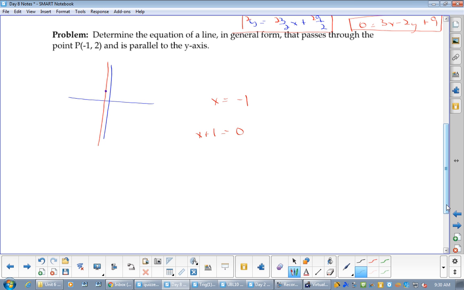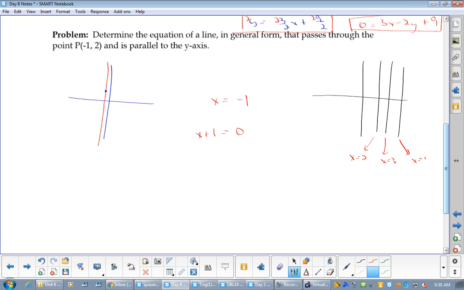Remember that whenever you have vertical lines, this is like x equals 2, x equals 3, x equals 5. Okay, that's what that is. I should have made my x and y axis a different color. Okay, and if I was to do a horizontal line, that would be like y equals 4.